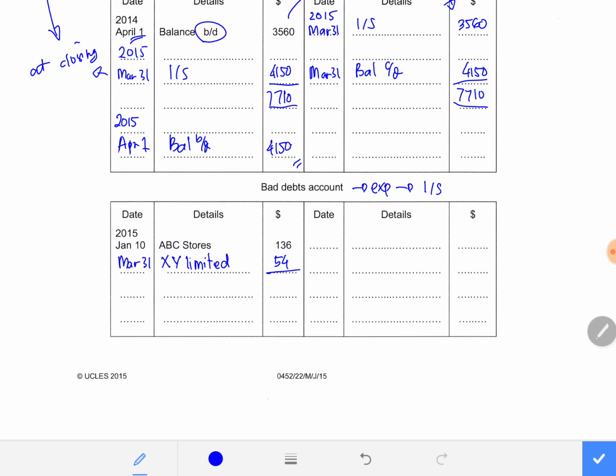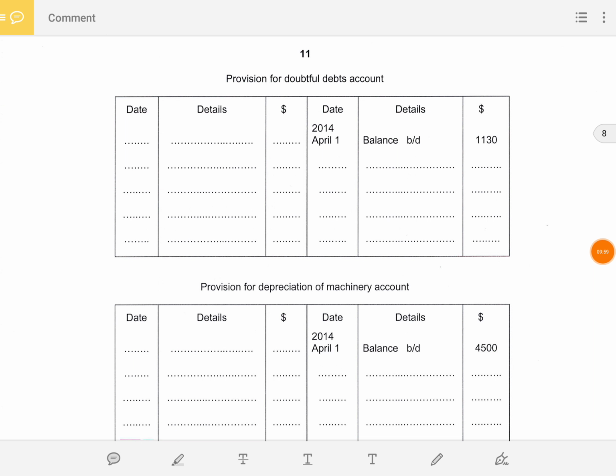So to close this account, you need to transfer it to income statement, not balance CD. 2015, March 31. Total to be transferred to income statement is 190. And then that's it.